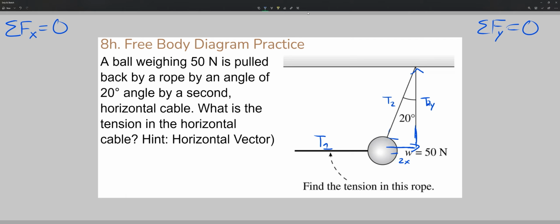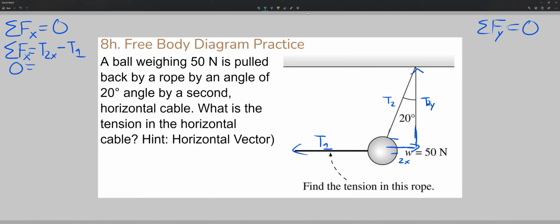Because if we look at our net forces, all my horizontal forces are T2x along the x direction minus the tension of rope 1. So my right force horizontally is equal to my left force.